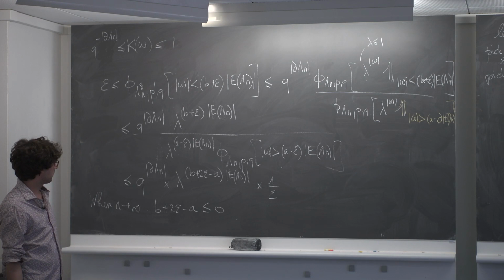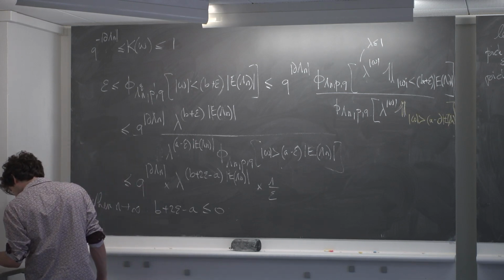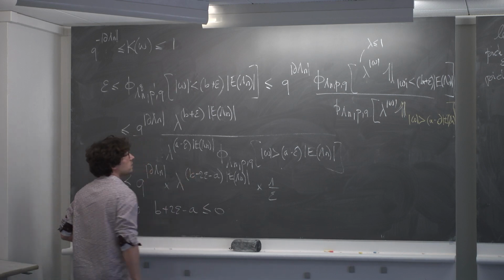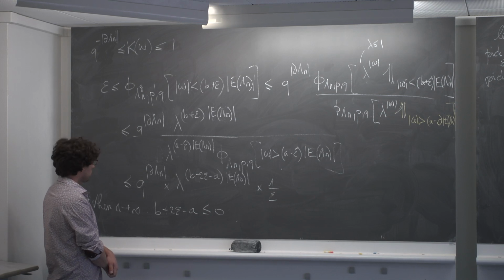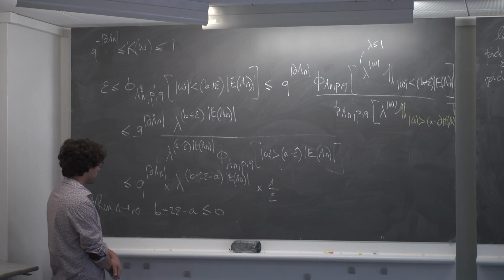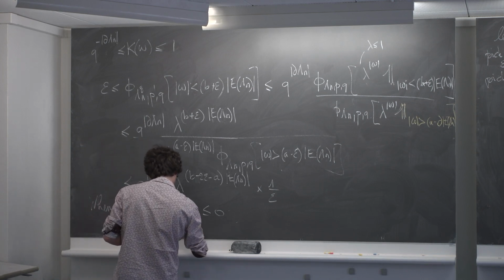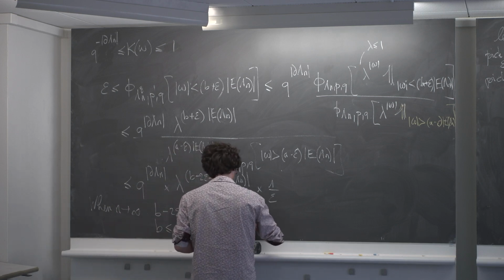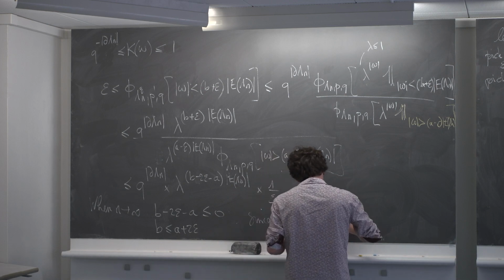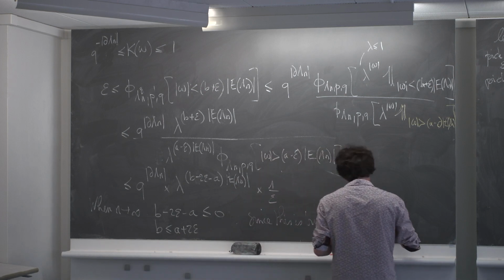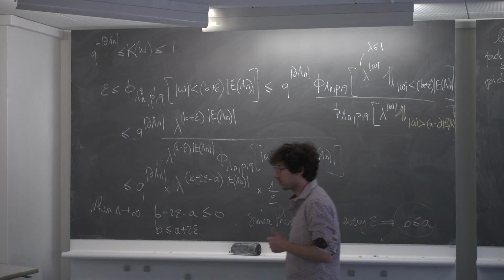Otherwise, you have a problem. And that implies that I made a mistake. It's a minus 2 epsilon here. So this implies that b must be smaller than a plus 2 epsilon. And since this is true for every epsilon, that implies that b is smaller or equal to a, which was what we wanted to prove.